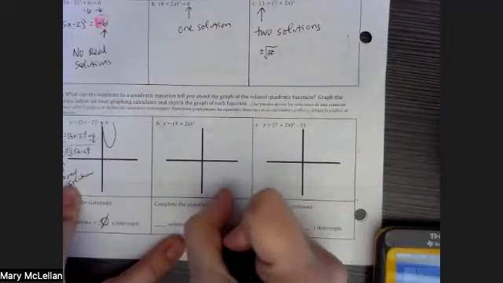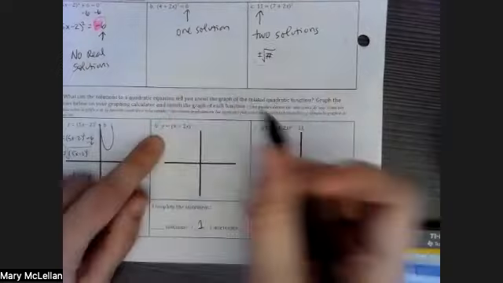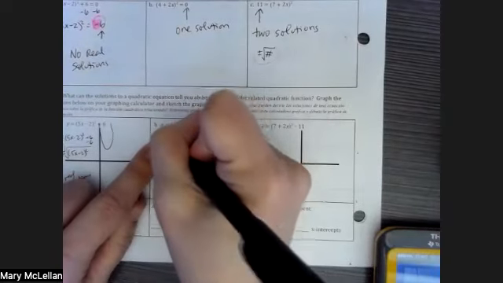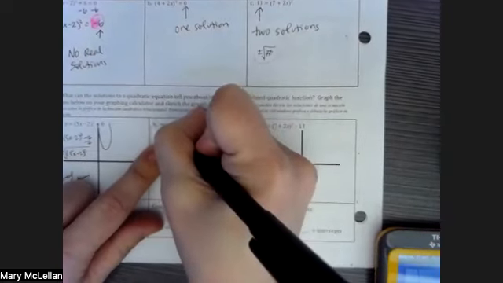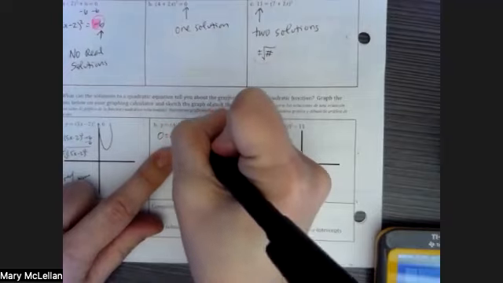Oh, look, and it only has one solution. So 1 x-intercept. And that makes sense because if I were to plug in 0 for y in order to find my x-intercepts, I would be taking the square root of 0, which would only produce one possible solution. So one solution, 1 x-intercept. All right, let's see again. Now this one.